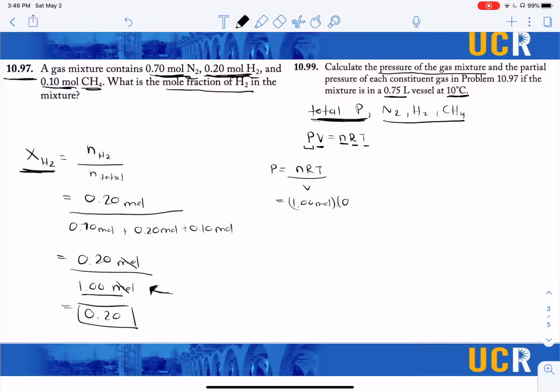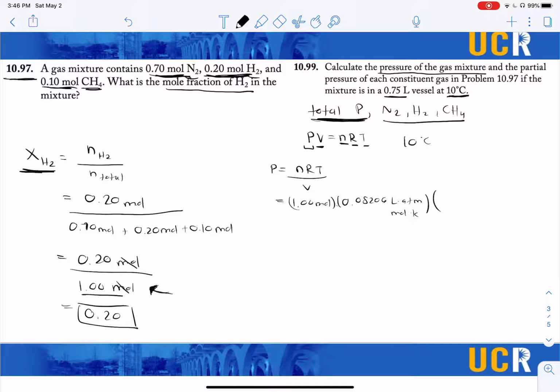Then R is 0.08206 liters times atm over moles times Kelvin. The temperature is given to us as 10, but that's in Celsius.